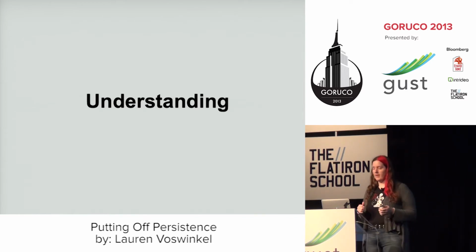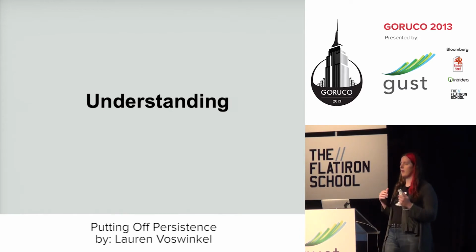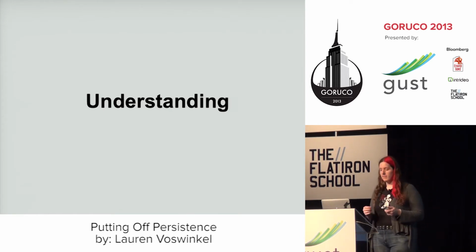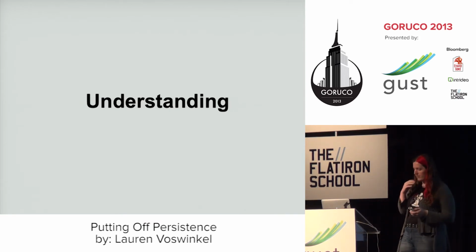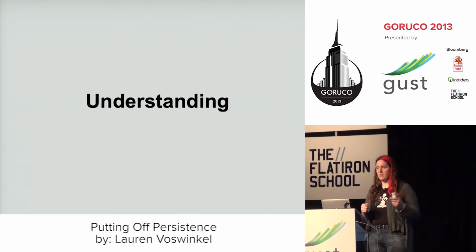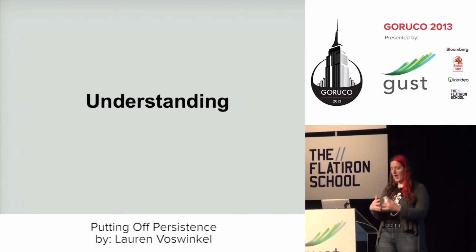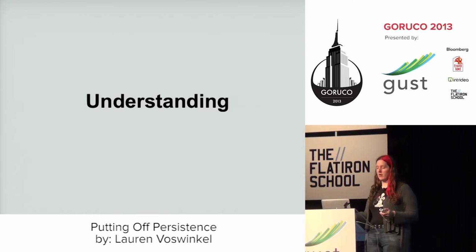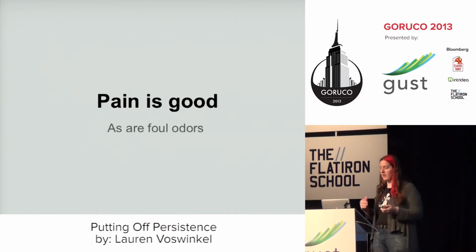It seems really verbose and really painful to do, but it is very, very informative. Because you're paying attention to these processes, and you are feeling the pain of connecting your methods or your classes and having these interactions happen, you start being aware of pain points more quickly as well. And pain, in this case, is good, as are foul odors.